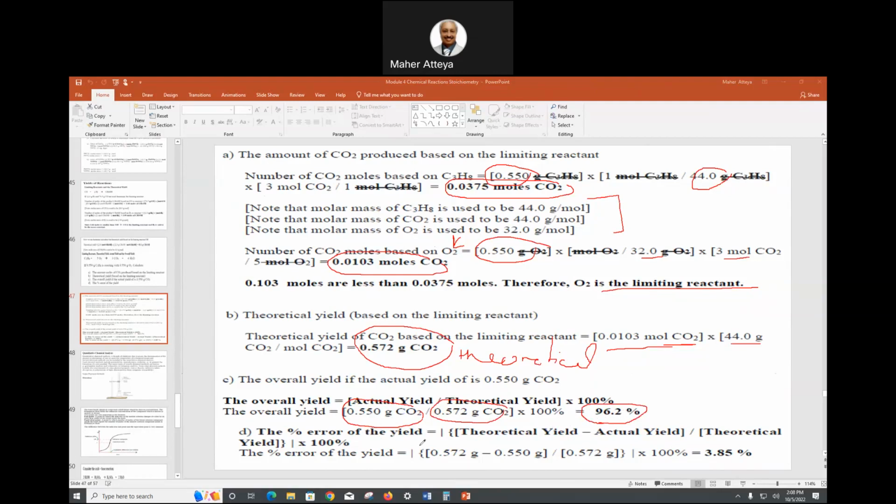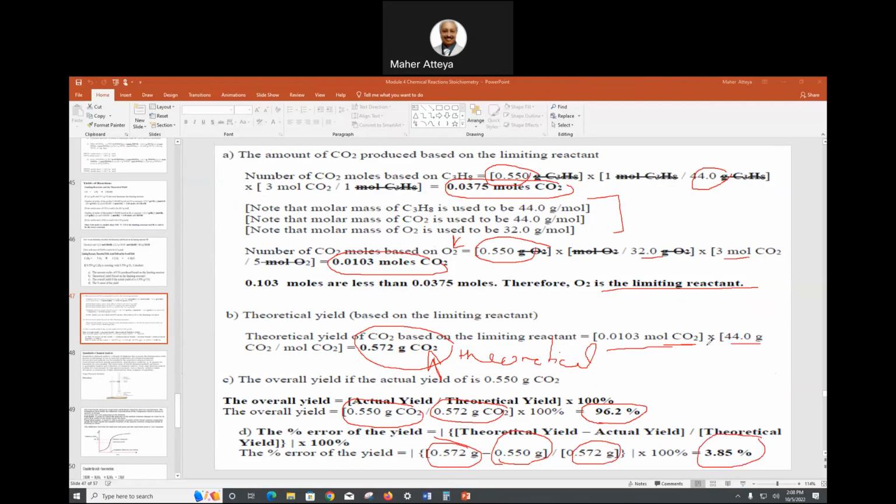Now the error is theoretical, which is this here, minus the actual, divided by the theoretical, multiplied by 100, giving you this amount.